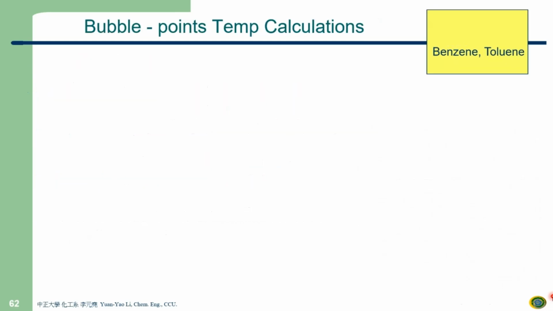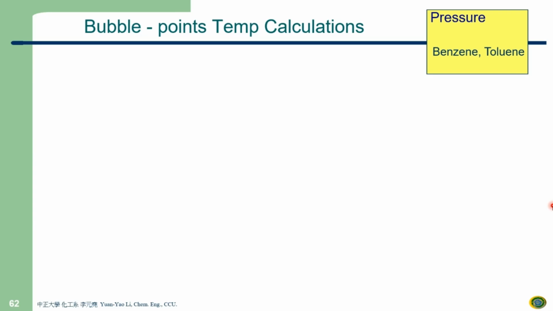Several values of XA are chosen, and the equilibrium vapor composition YA is determined for each liquid composition. You might not know how to do this, so let's practice now: bubble point temperature calculation. In the previous case we used trial and error, but now we have a graph to tell us the bubble point rather than calculation.